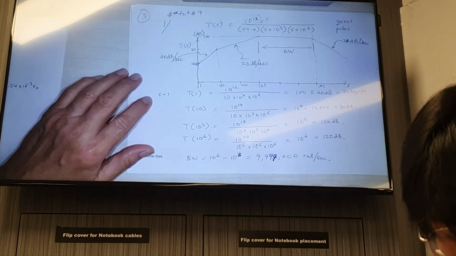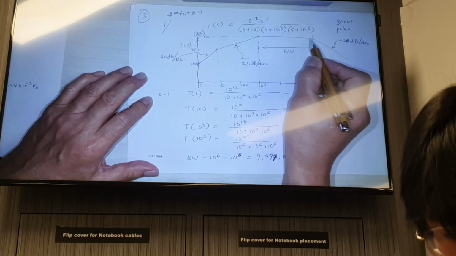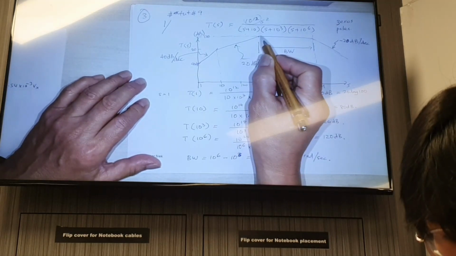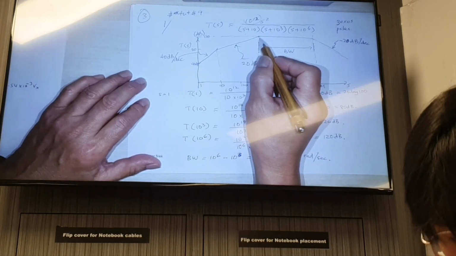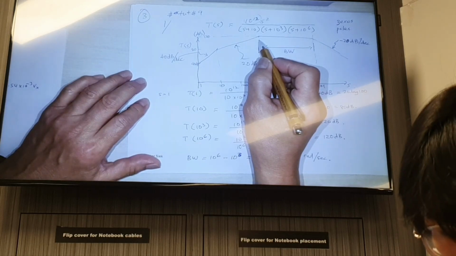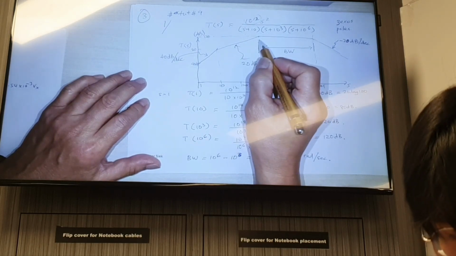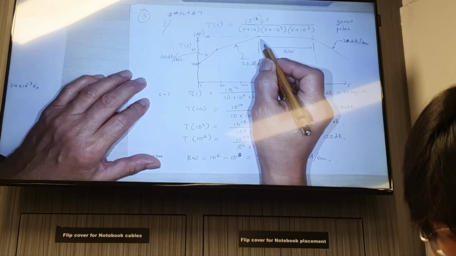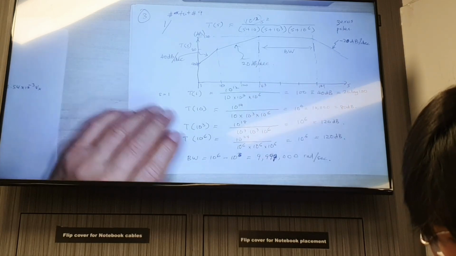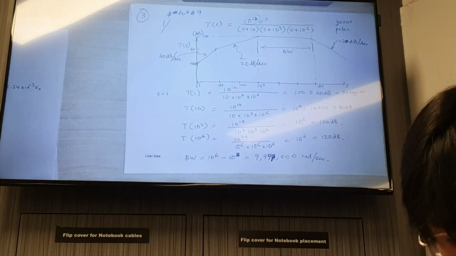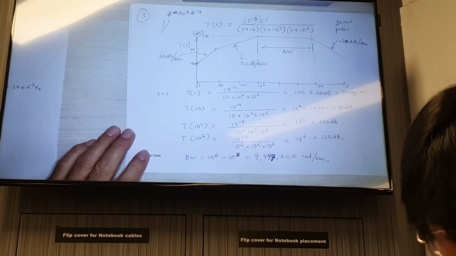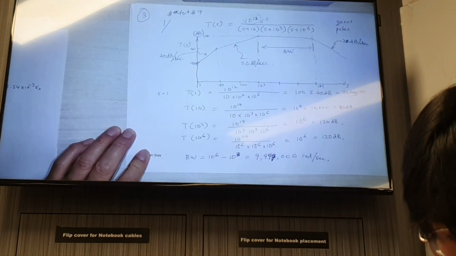If you find this gain here and you take 3 dB below and convert it, whatever value that is will become the gain divided by root 2. And that value is 3 dB below the maximum value.